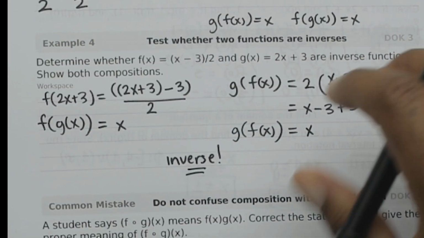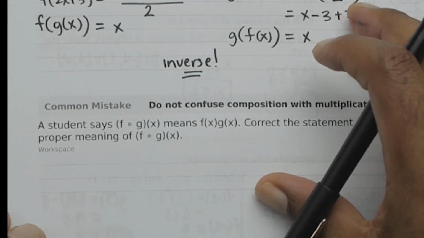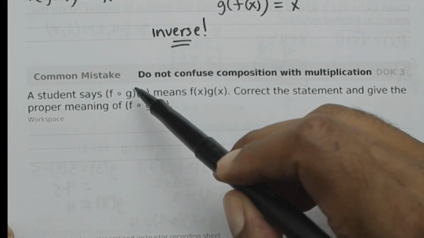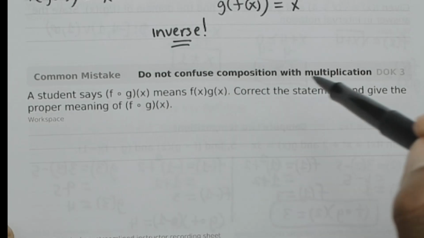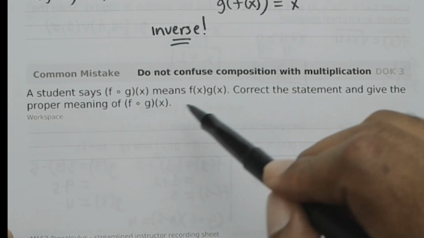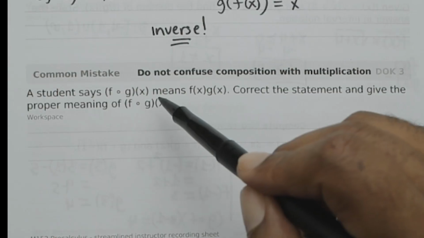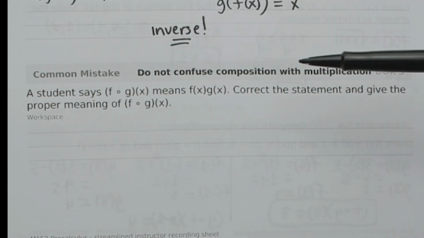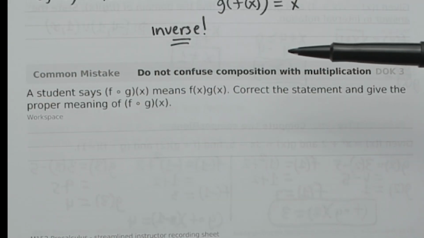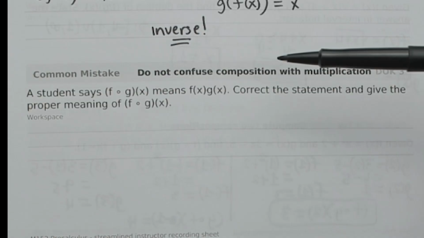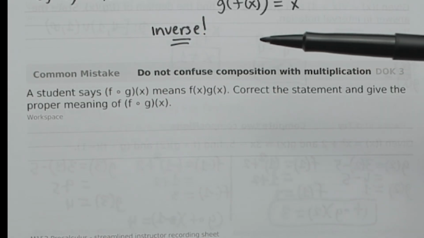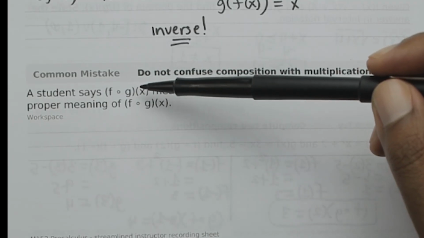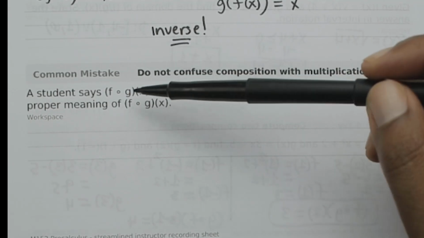An inverse party. All right, let's look at a common mistake. A student says that this composition means a product. Correct the statement and give the proper context. First of all, this is a common mistake, because most people look at this and say, okay, this is multiplication, but this isn't multiplication.